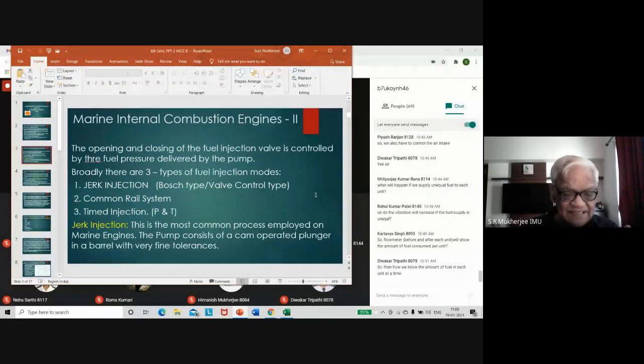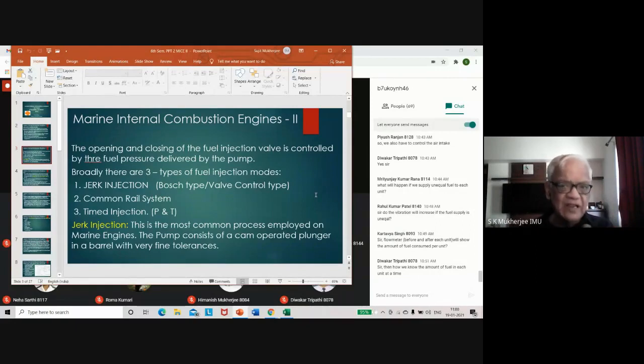So this jerk injection can also be termed solid injection, and it is termed solid injection because liquid is incompressible. For that matter, fuel is incompressible. Now, this jerk injection pump, there are two types which we are going to study thoroughly. One is the Bosch type, and it is the most common type of fuel pump. Everywhere you go, you'll find Bosch type of fuel pump.